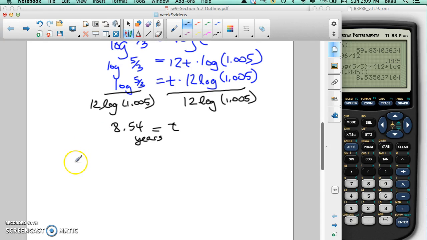When we do this formula, A equals P times 1 plus r over n, to the nt, it is very close to the formula we will do in the next video.